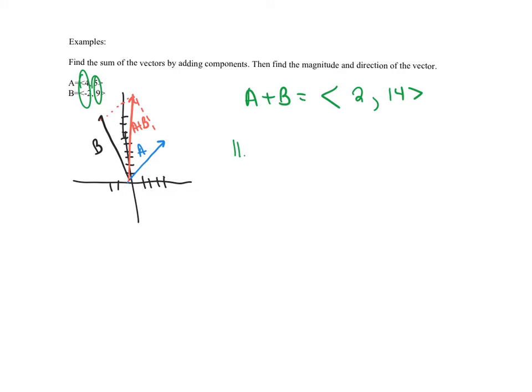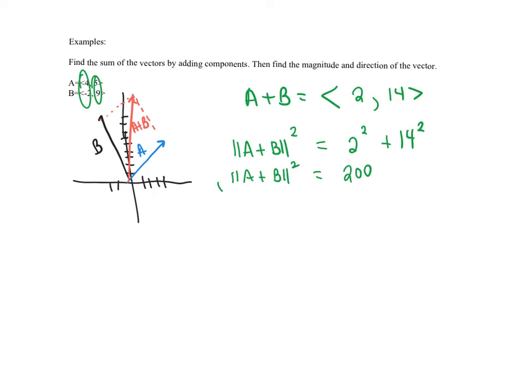And then recall, the magnitude of a vector squared is going to equal the x component squared plus the y component squared. So in this case, 2 squared is 4, 14 squared is 196, so that gives us 200. So the magnitude of a plus b squared equals 200.